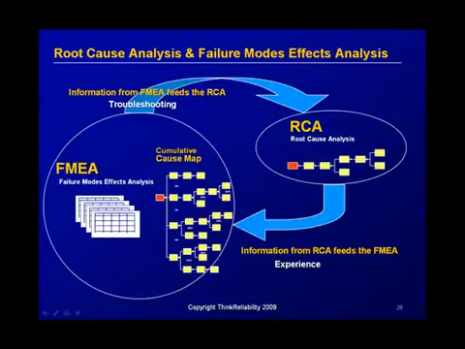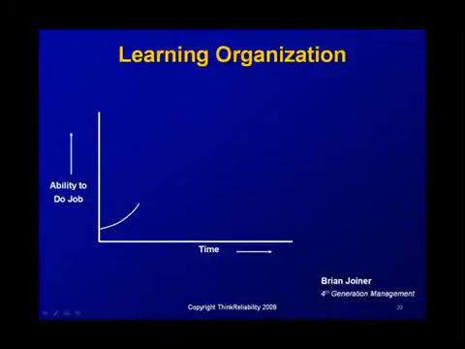You've noticed the people that have dealt with problems in your organization are the ones that also are available and should be available to help you do an FMEA because they know all the things that could happen. They've been through things that did actually happen, and that's how they can even discuss what failure modes could be. The information from the FMEA ends up feeding the way people actually troubleshoot and work individual incidents. So they really build on each other, and they complement very well.